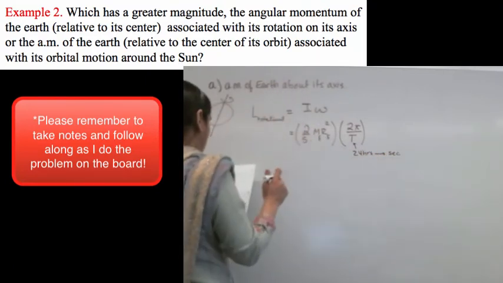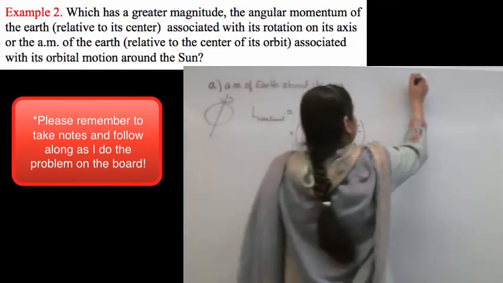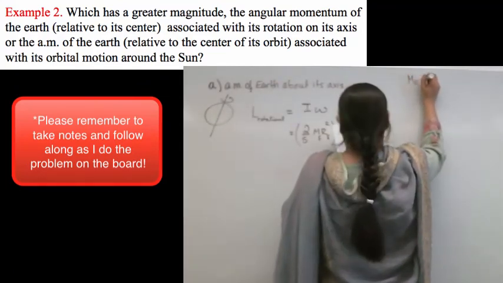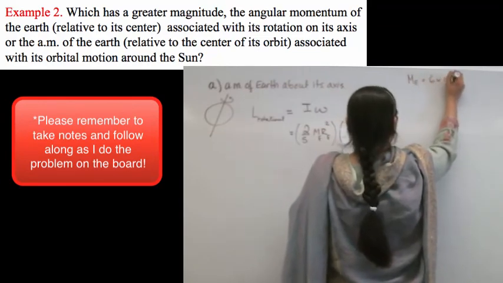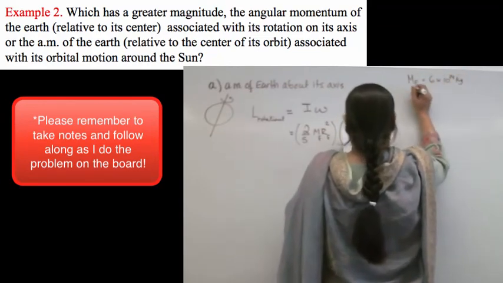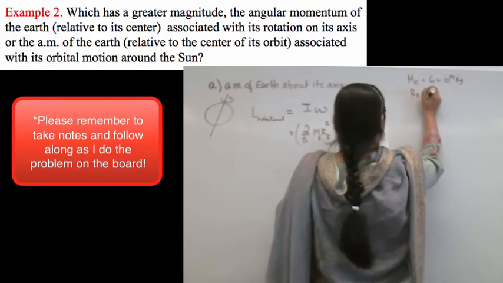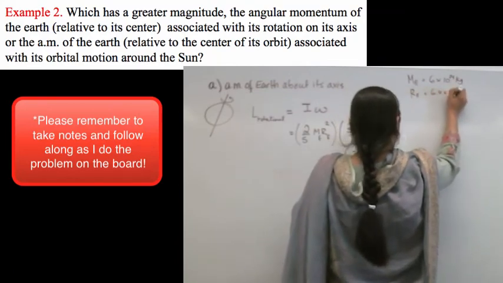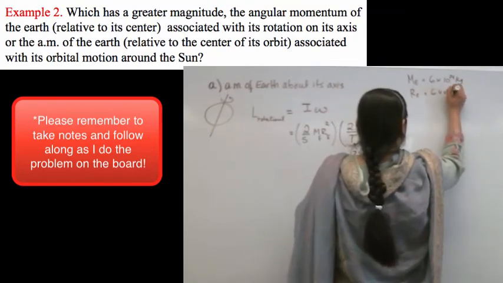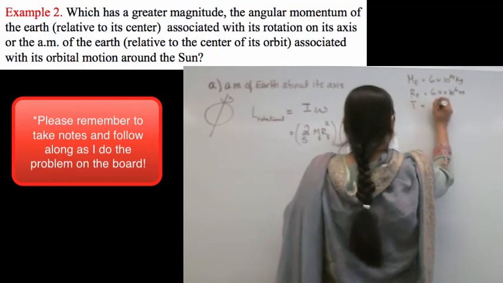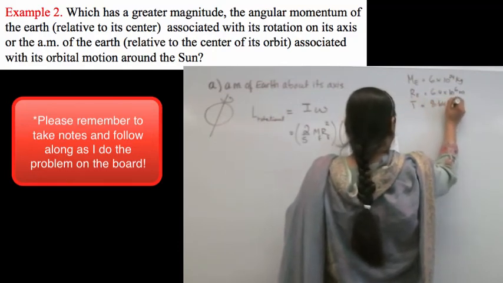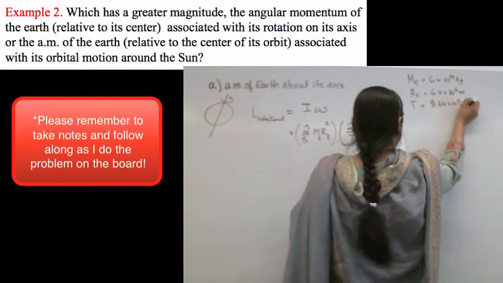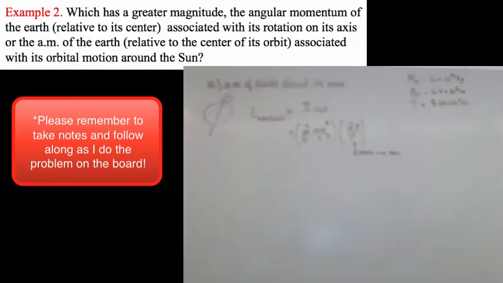So the mass of the Earth is about, so I'm just going to rewrite it here. Mass of the Earth is about 6 times 10 to the 24 kilograms. Radius of the Earth is about 6.4 times 10 to the 6 meters. And the period is going to be 8.64 times 10 to the 4 seconds. Please make sure that I got those numbers correct.